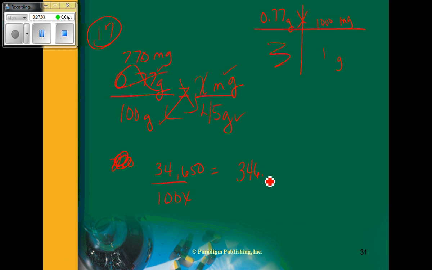My 5 won't go on there, but that's supposed to be 346.5. Okay, so there it goes. So you can have that as X in milligrams. So that's what you're trying to find.